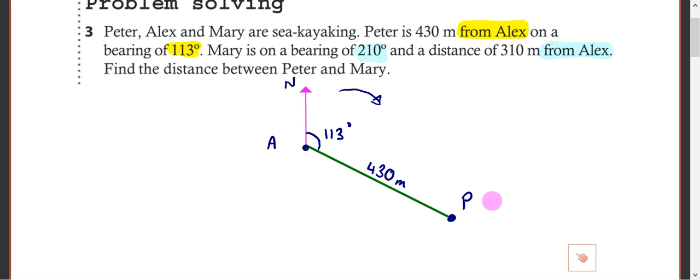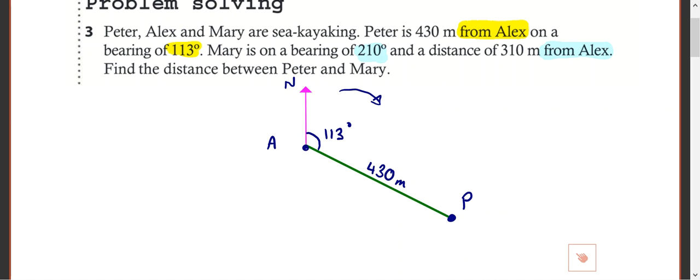Now, this is a rough sketch. It's good that I should know what 113 is, so I get roughly the right place, but it doesn't matter because we're calculating values, we're not measuring. We could do this measuring perfectly on a map to scale and work it out. Now Mary is on a bearing of 210, again from Alex.